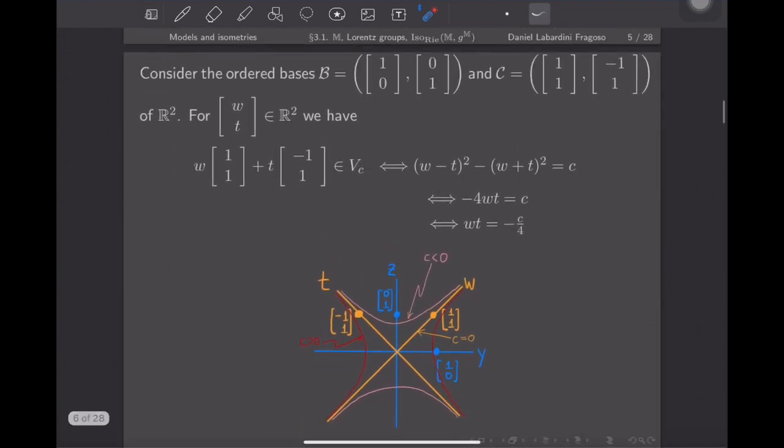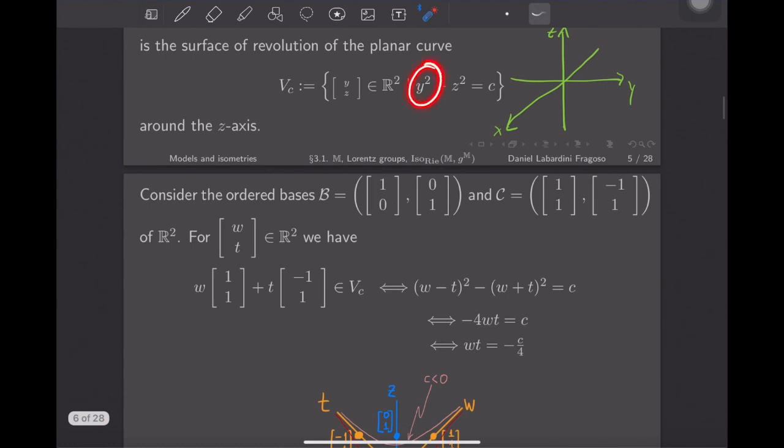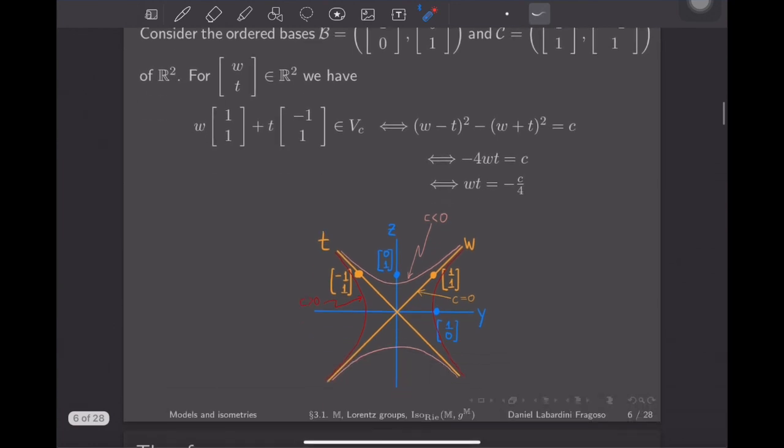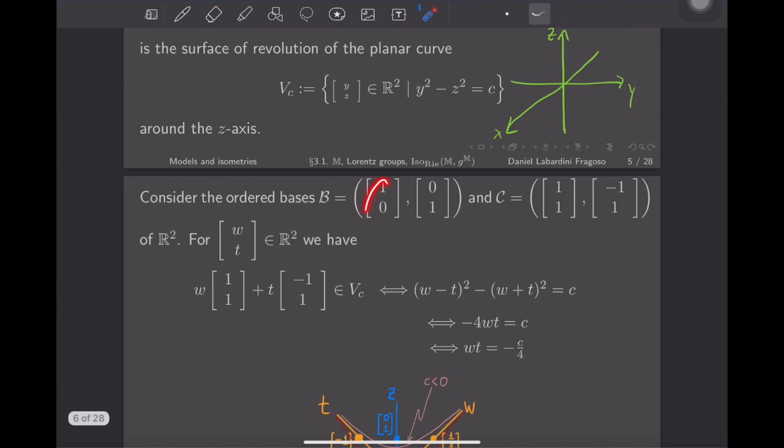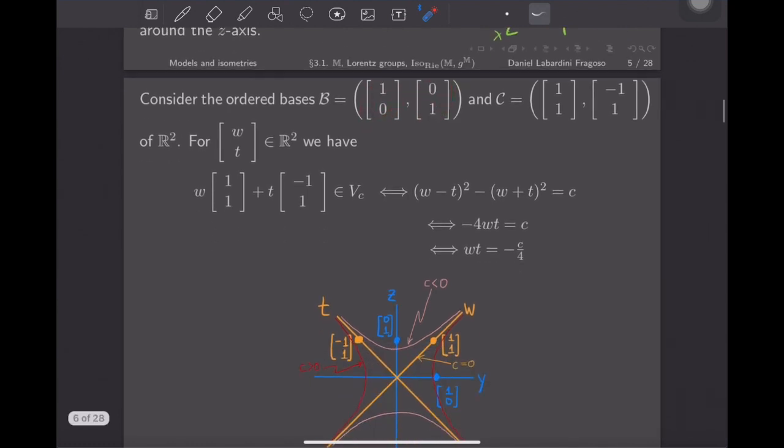if and only if, and then what do I need? I need the first coordinate minus the second coordinate equal to C, right? So first coordinate, but now with respect to this basis really. So (W minus T) squared minus (W plus T) squared equals C, right?